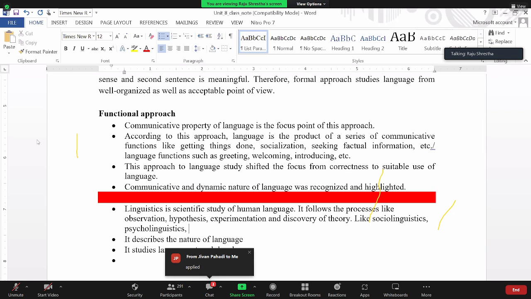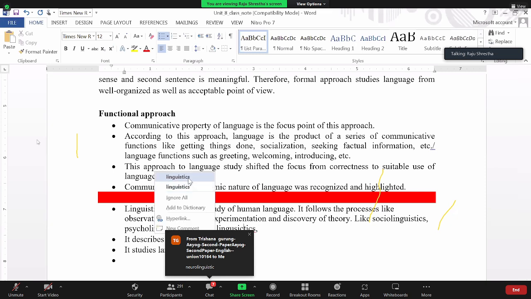Then phonics, these are what linguistics. Then others, here the example भन्नुस् त, applied linguistics, okay, applied linguistics, you know. So these are different linguistic theories.